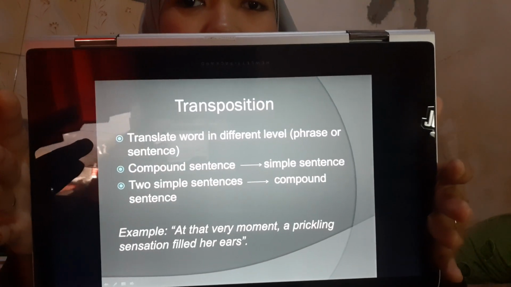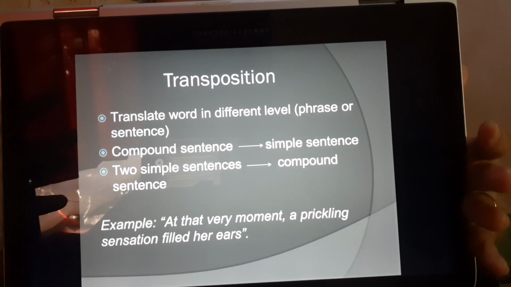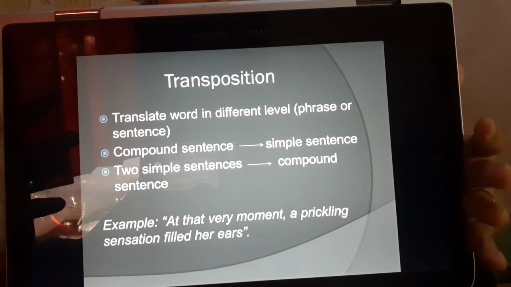And then next is transposition. Okay, transposition, in this method, the translator will translate in a different level. Here I mean, if the sentence or phrase is at this level, the translator will translate it to the up level or the down level. Here I put the example.